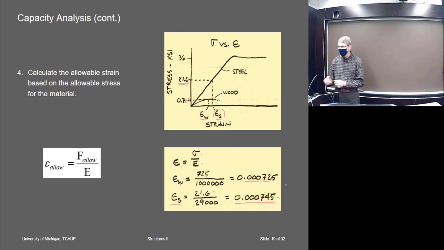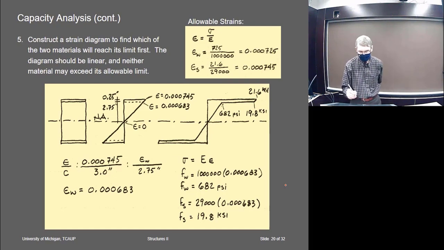So I could construct the strain diagram, and if I choose, I can choose one or the other. Right? It's got to follow a linear relationship here.